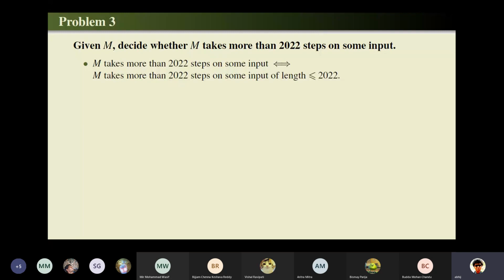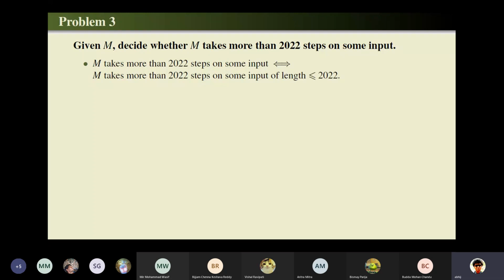So the negation of the left side of the implication is already proved. I have to prove it for inputs of size greater than 2022. If there is an input of length greater than 2022, then in order to read that entire input, you need at least 2023 steps.